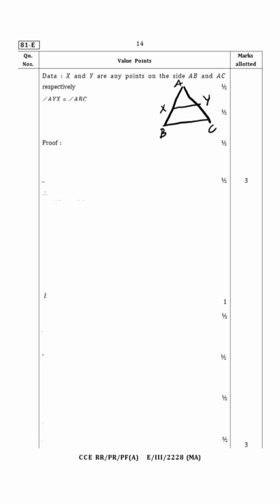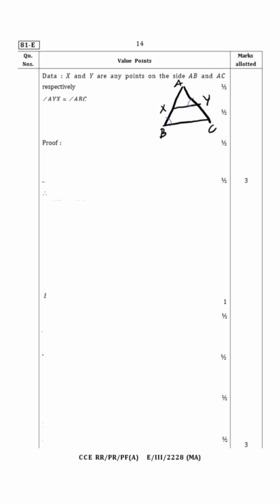So now we have drawn a triangle ABC in which X and Y are the points on AB and AC respectively. So the data is that X and Y are any points on the sides AB and AC respectively, and angle AYX is equal to angle ABC.